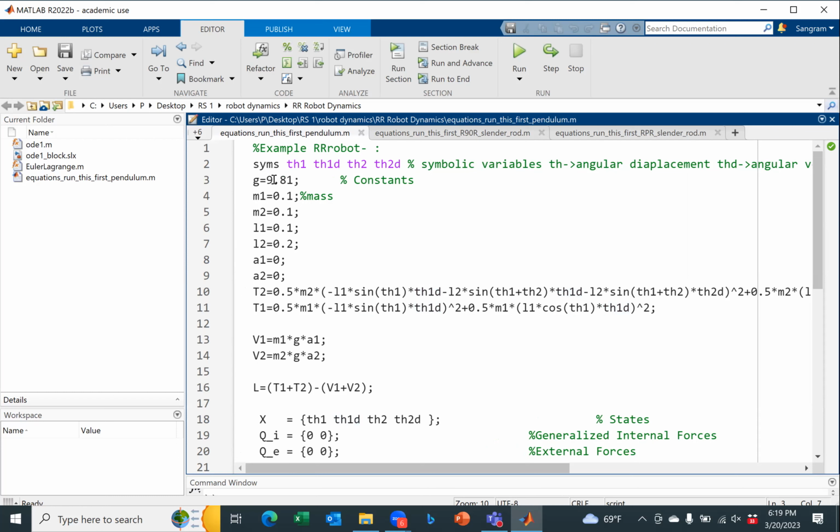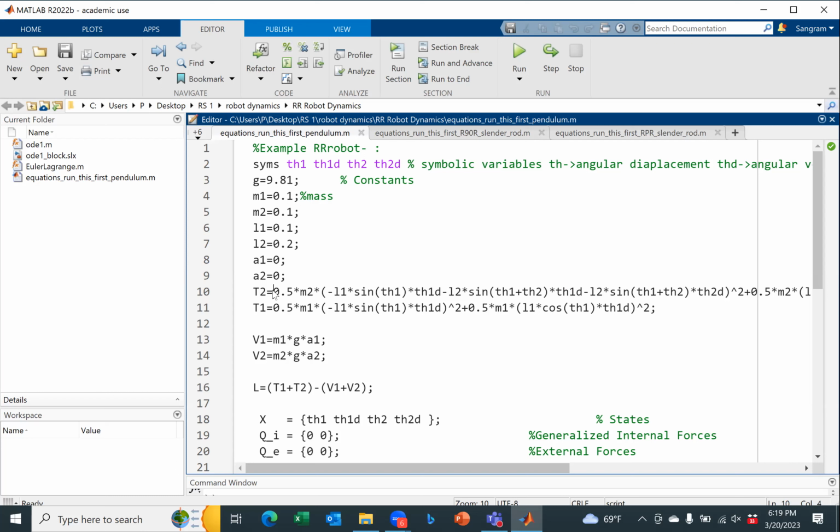For the sake of discussion, I'm assuming mass m1 is equal to 0.1, and mass m2 is 0.1. I'm assuming the length L1 is 0.1, length L2 is 0.2. And you can choose some non-zero values of A, but I'm just assuming my A values are very small or almost zero, so that it becomes a planar pendulum.